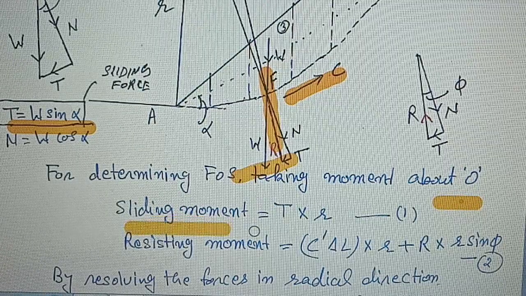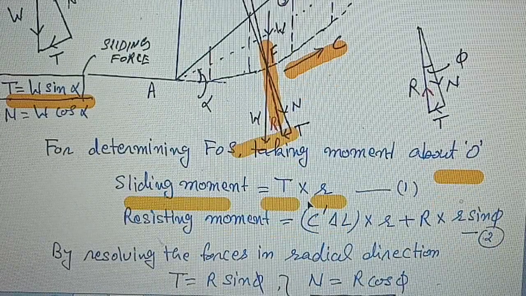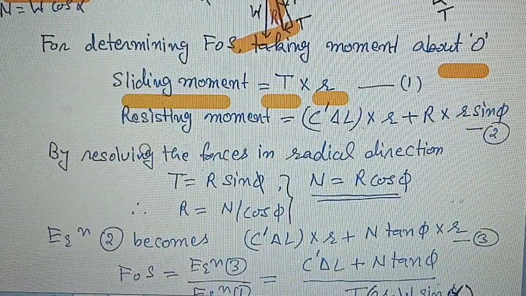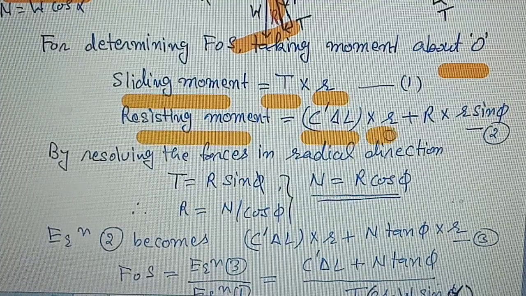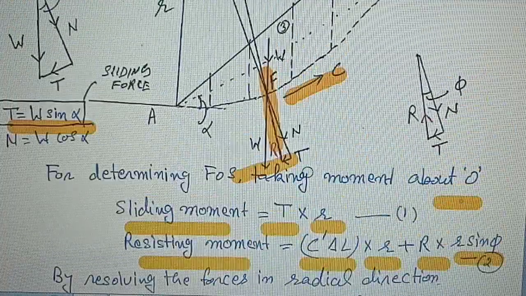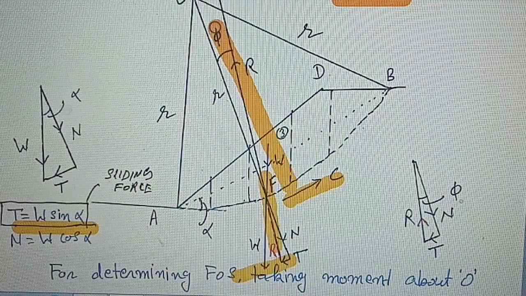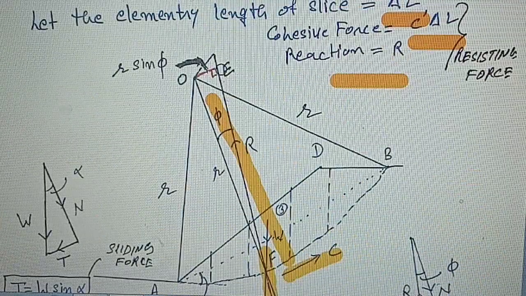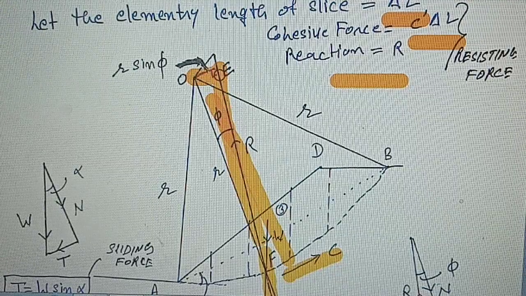The sliding moment is equal to the sliding force multiplied by r, where r is the perpendicular distance of the tangential component from O. Second, the resisting moment is equal to C dash delta L into R plus R into small r sin phi, where C dash delta L is the cohesive force and the perpendicular distance is R. Second is the reaction R, and its perpendicular distance from O is r sin phi.